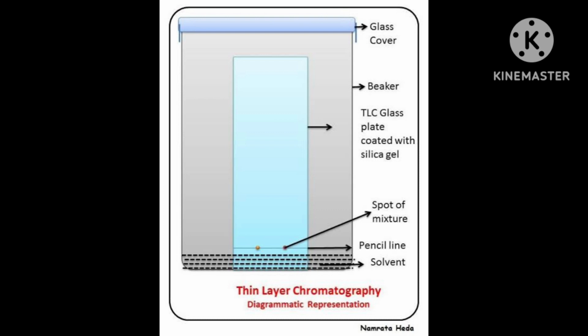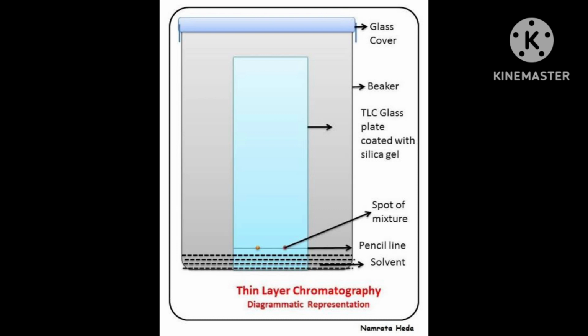I have told you, the solution of the mixture to be separated is applied as a small spot about 2 centimeter above one end of the TLC plate. The glass plate is then placed in a closed jar, maybe a beaker also, containing the eluent.